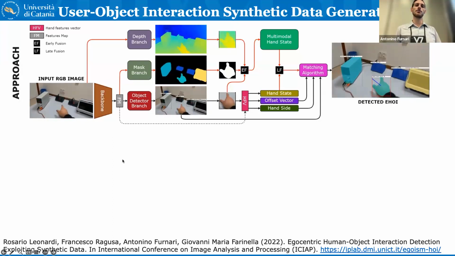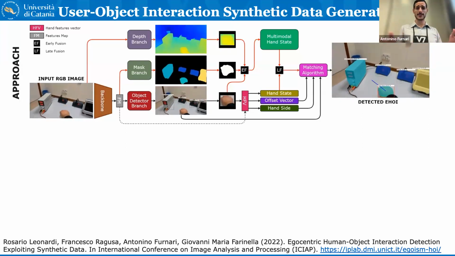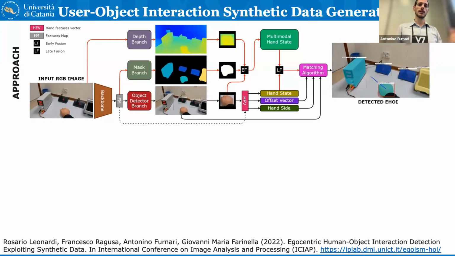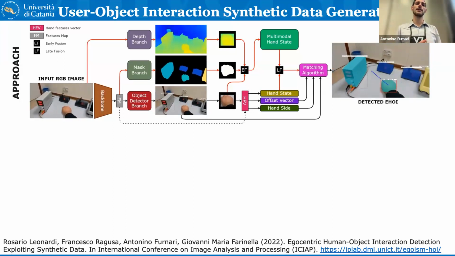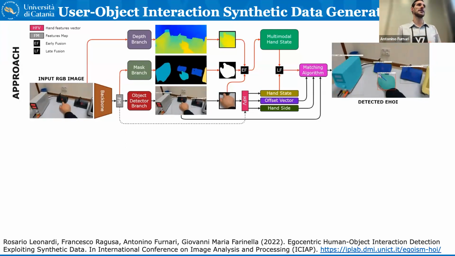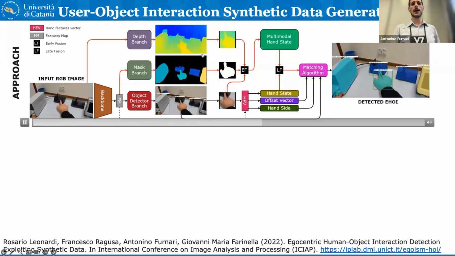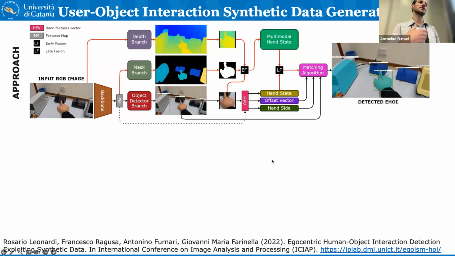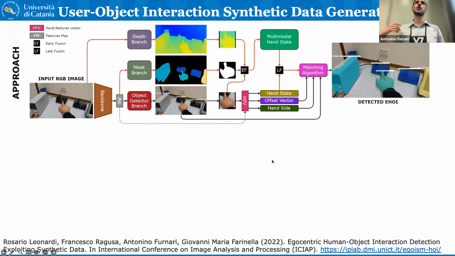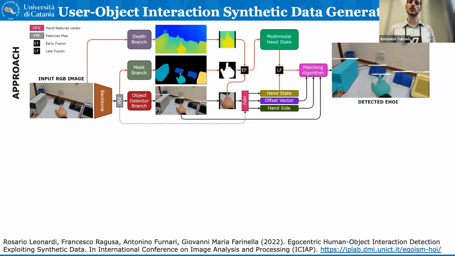We have a mask branch and a depth branch, which are responsible for processing the masks and depth obtained from the ground truth. These are actually predicted from the input image, so that we can train to predict them at training time. Then at test time, we have the prediction on the real data. Then we try to understand the relationship between each object and each hand, so that we know if a hand is in contact with a given object.